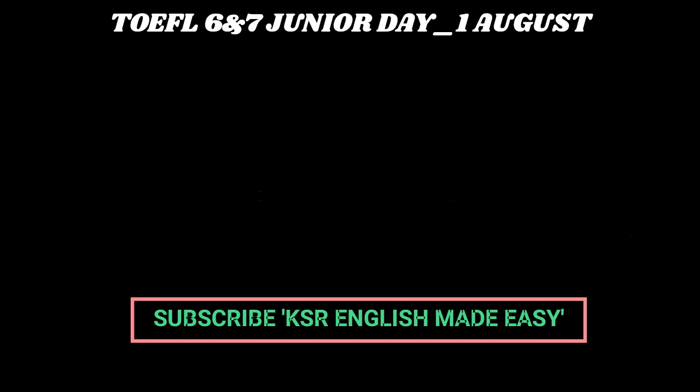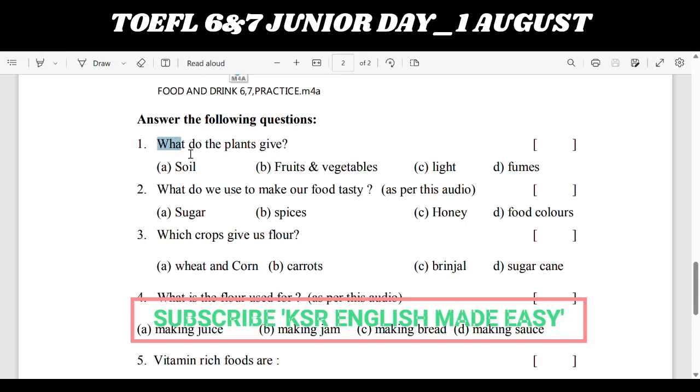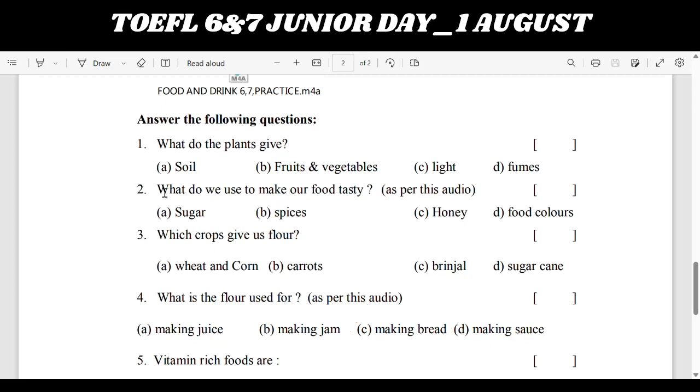So now pause the video and listen to that voice, then we will do the questions, right? So now let's see the answers. The first one is, what do the plants give? The answer is fruits and vegetables. Okay. What do we use to make our food tasty? The answer is spices. Next, the third one is, which crops give us flour?